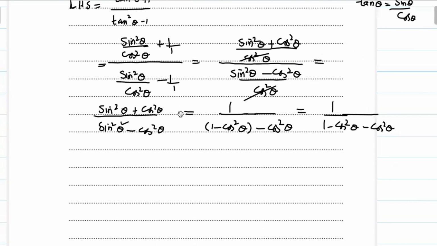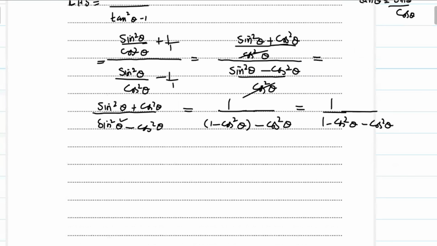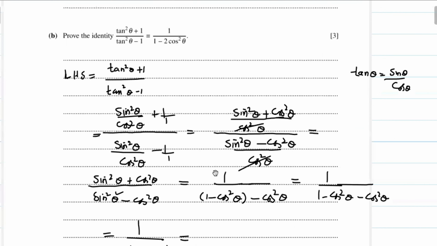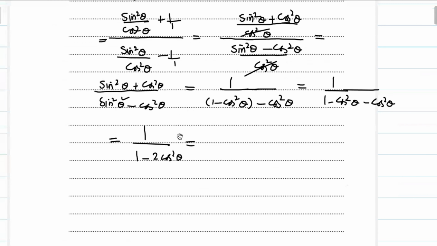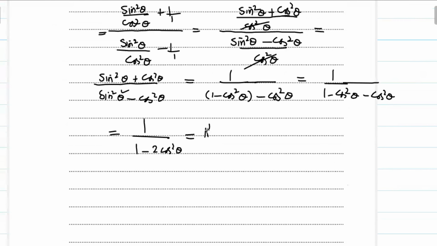Therefore, this fraction becomes 1 over 1 minus 2 cos squared theta, that is equal to the right hand side. This is the right hand side, hence it is proved that the left hand side equals the right hand side.